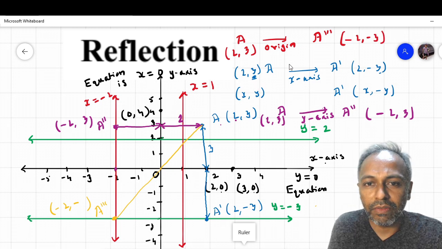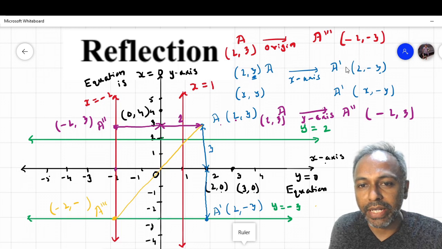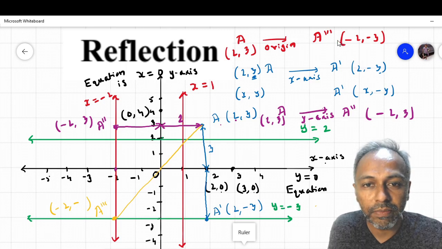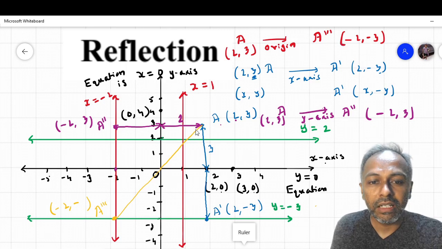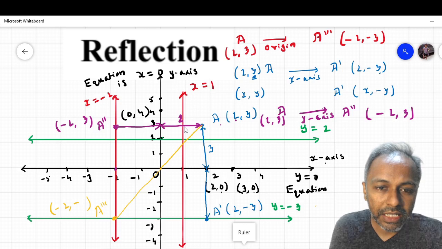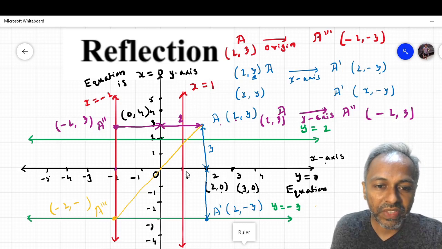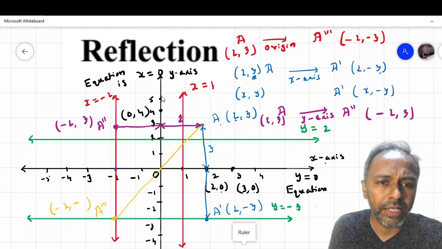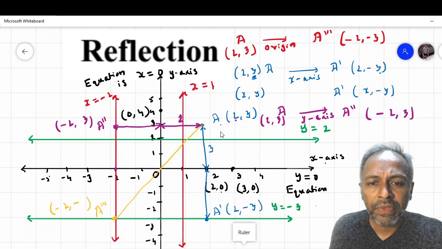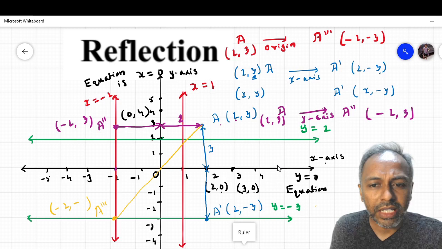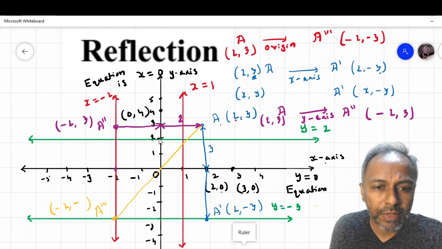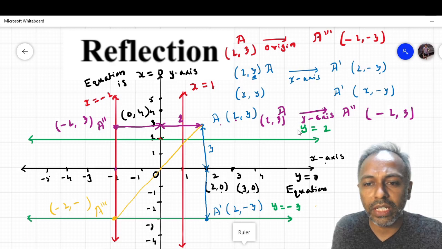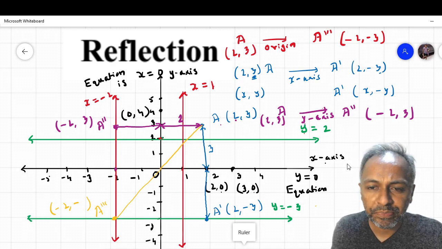So in general, we have learned reflection of a point about the x-axis, about the y-axis, and about the origin, and we have also learned that if a line is cutting the x-axis at say 1, then its equation is x equal to 1, provided it is parallel to the y-axis. And similarly, the green color lines indicate the equation of a line parallel to the x-axis, but cutting the y-axis at say 2, then its equation is y equal to 2.